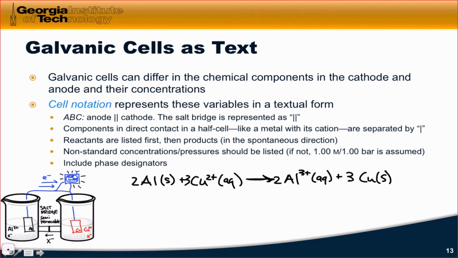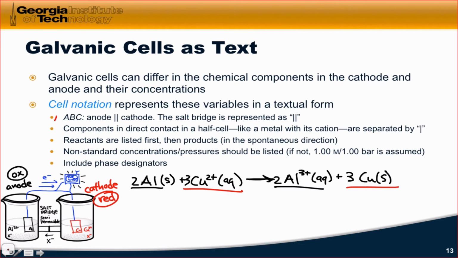To begin writing cell notation, we need to notice that aluminum is being oxidized within the anode. The left-hand half cell in our drawing here is the anode, while copper 2+ is being reduced within the cathode. So just like we've seen before, oxidation occurs within the anode, while reduction occurs within the cathode.